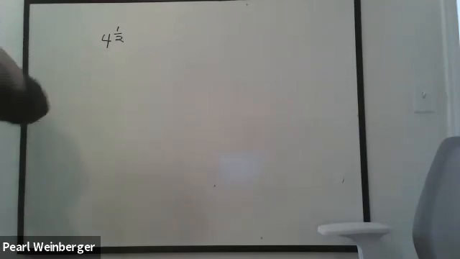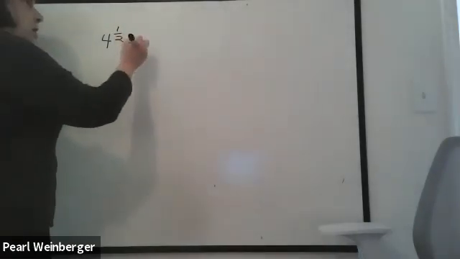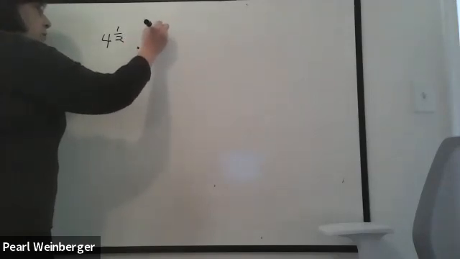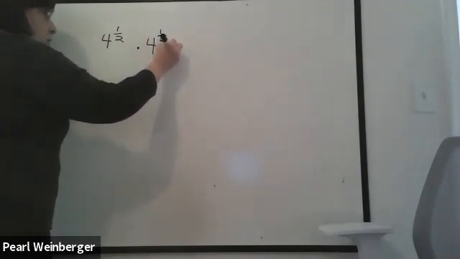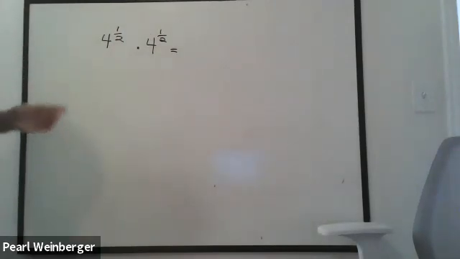So I'm going to show you something, and it's going to give you an understanding as to why we do what we do with fractional exponents. What if I had taken 4 to the 1/2 and multiplied it by 4 to the 1/2? Well, remember, these are exponents, so we just use our rules of exponents.